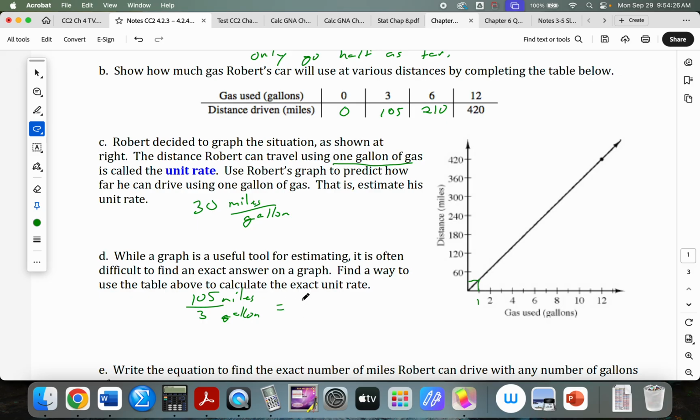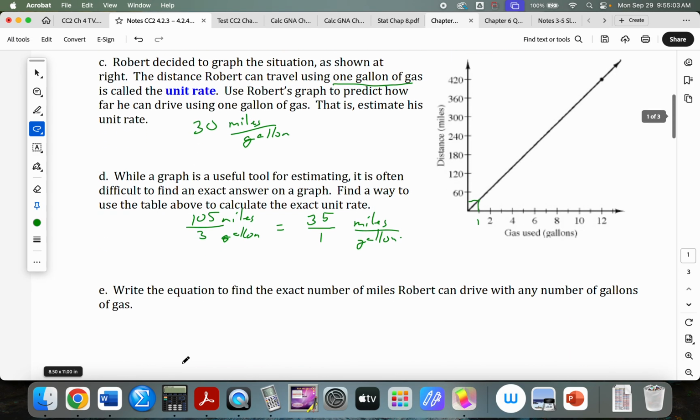And then we'll reduce that. 3 goes into 105 35 times? So 35 miles per gallon. So we were close when we estimated that it was 30. But that's one of the problems with a graph sometimes, it's difficult to get exact answers.